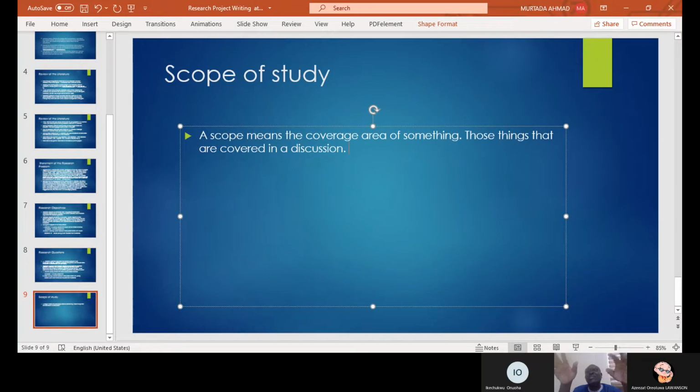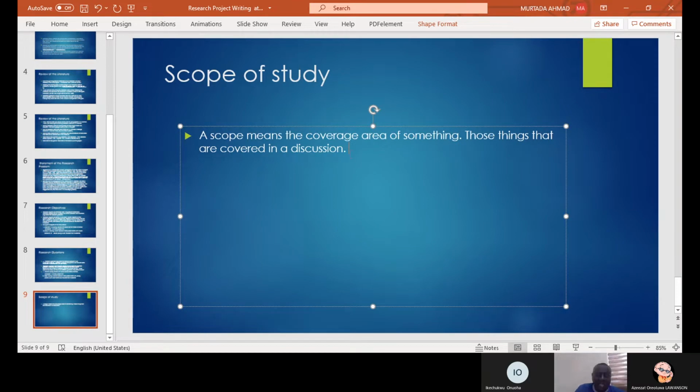Those things that economics did not cover, like newspaper reporting, are not part of the scope. For example, if you are talking about the scope of mass communication as a field of knowledge, you talk about broadcasting, journalism, print journalism, public relations and advertising, development communication, and film studies. These are the scope.